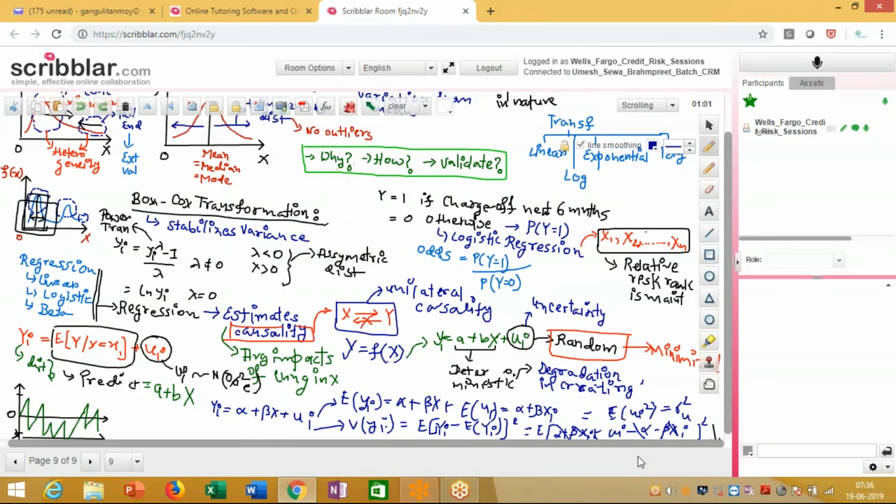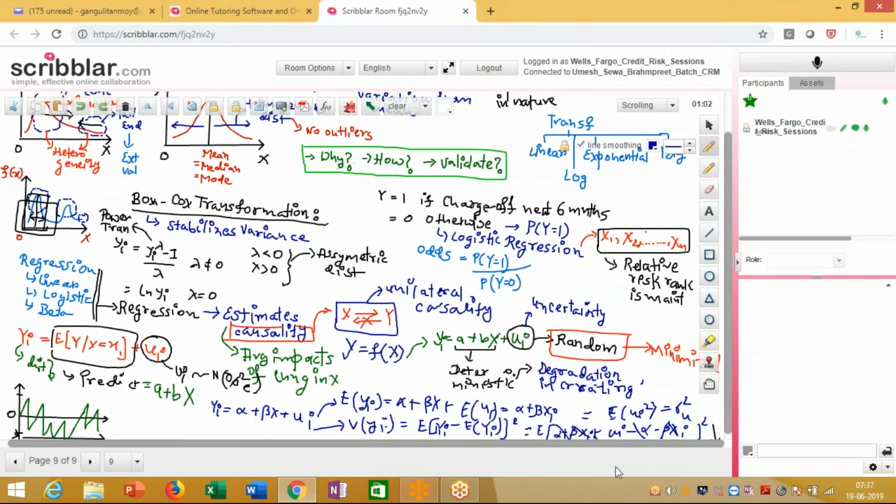So if you have an LGD, or a recovery series which you are trying to predict, then, as I was saying, if the dependent variable is not symmetric in nature, then you cannot use linear regression, right?